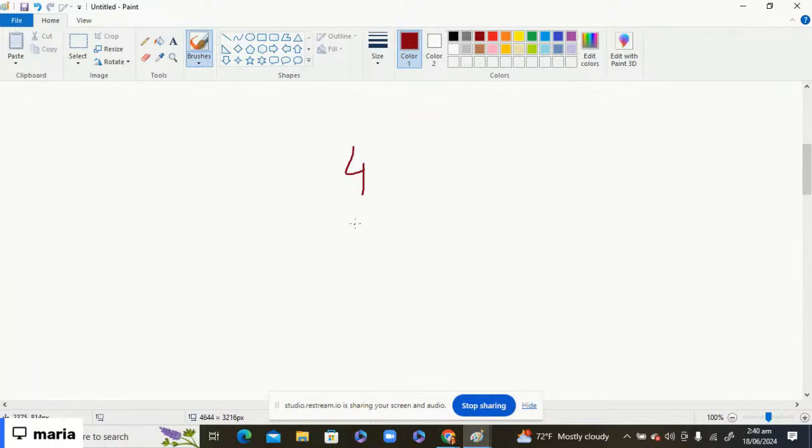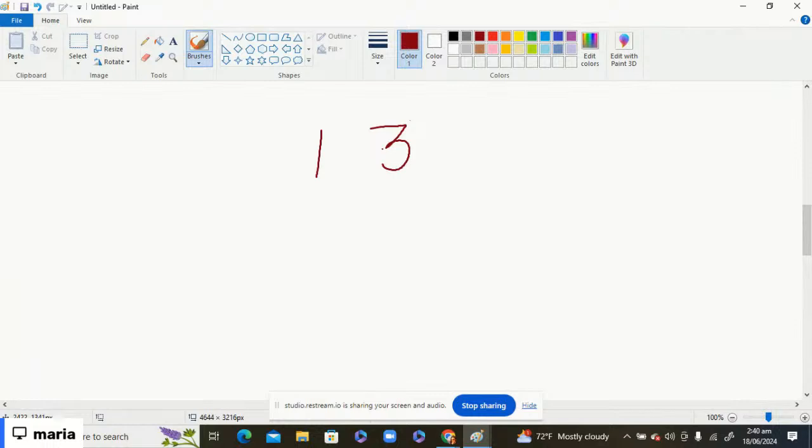Ones place. Good. And if I'm going to write it here, for example, 13. Which one is in the ones place and which one is in the tens place?